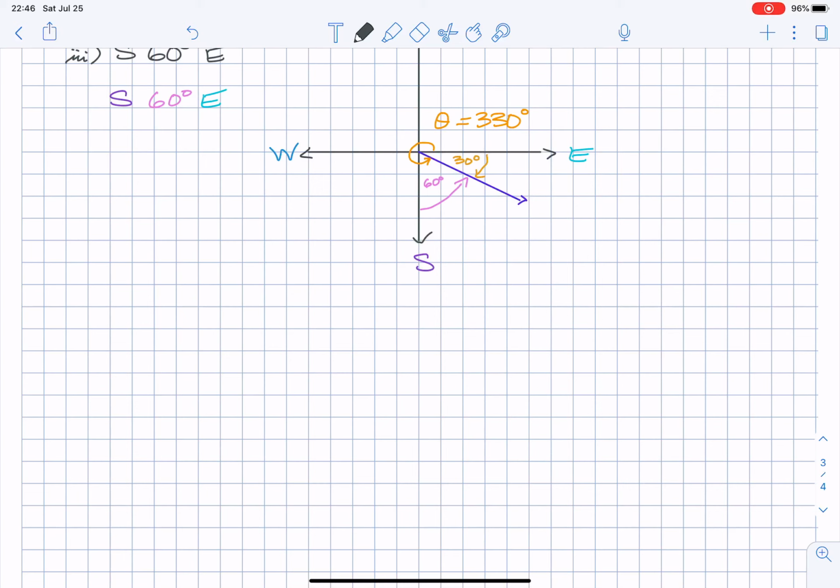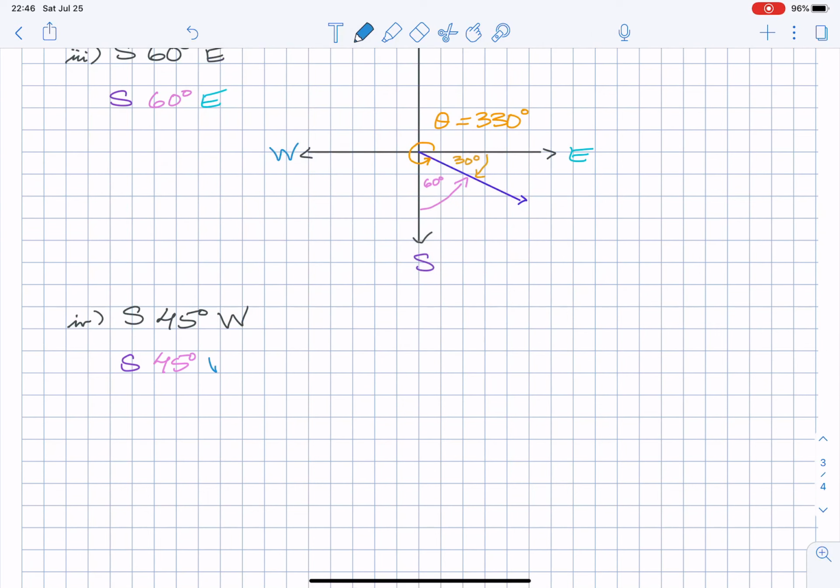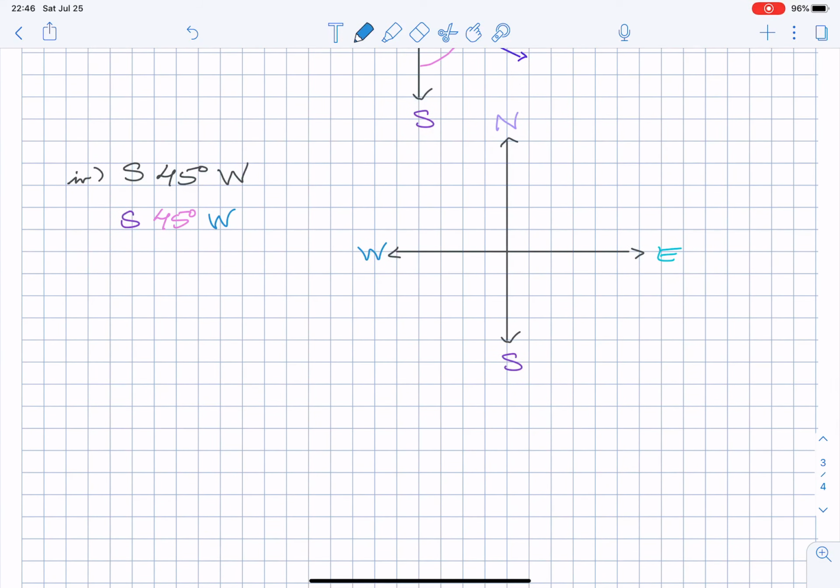So number 4, let's say we have south 45 degrees west. So we start south, then we're going to go 45 degrees to the west from the south. Okay, so we start in the south, and we're going 45 degrees towards the west.